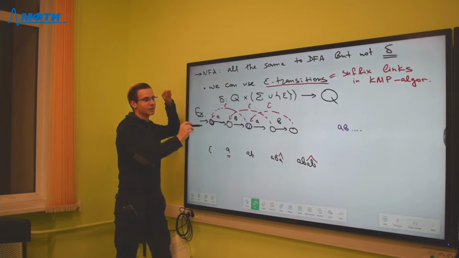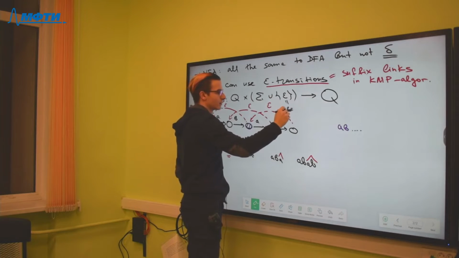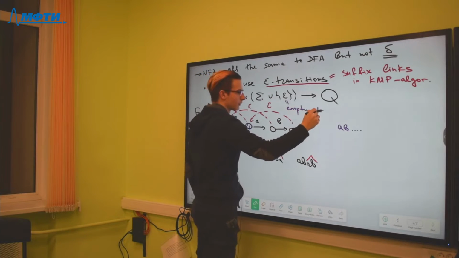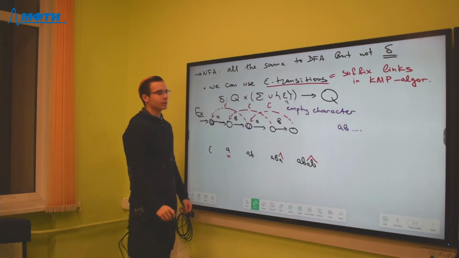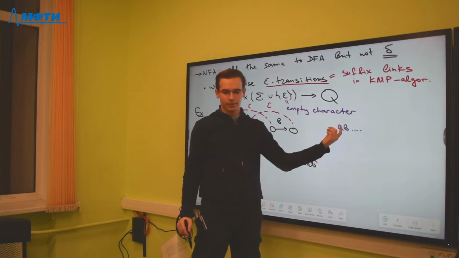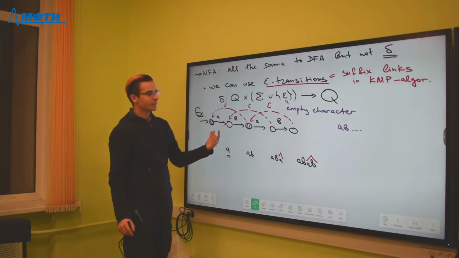Because epsilon is the empty character. So you can add any number of empty characters between different characters.